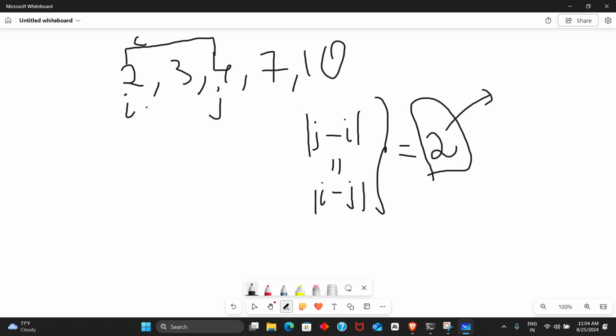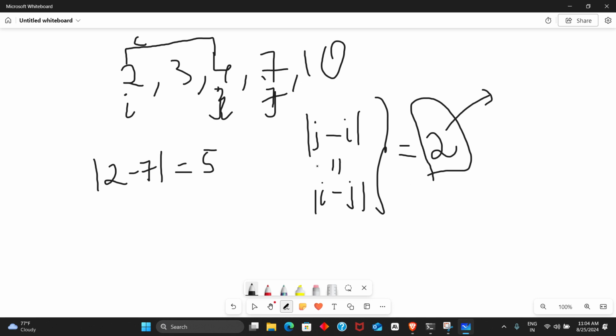What does that mean? So let's take J as 7, right? So this is J. So 2 minus 7, which is 5.